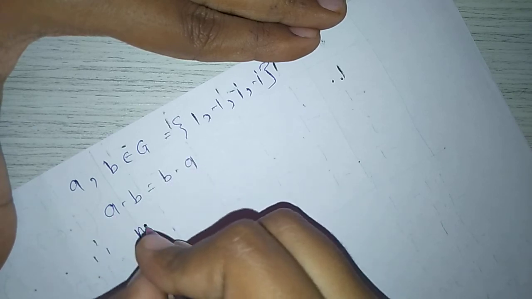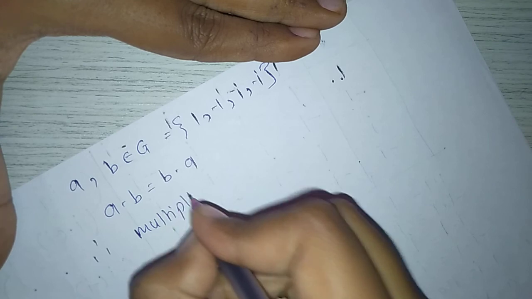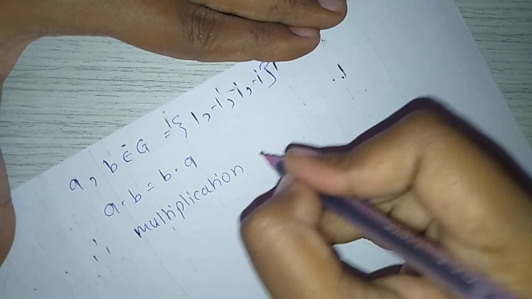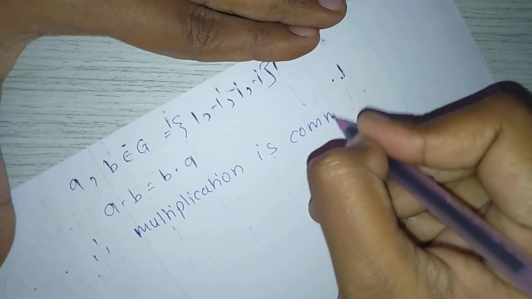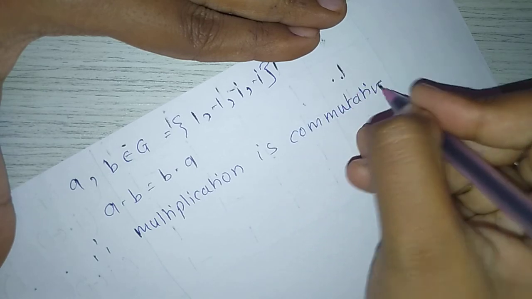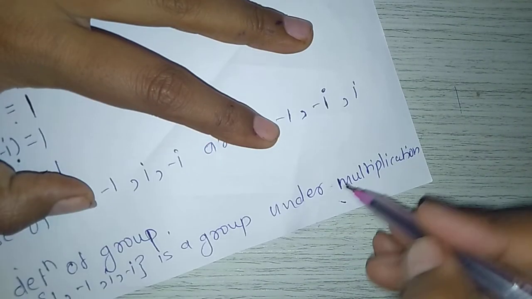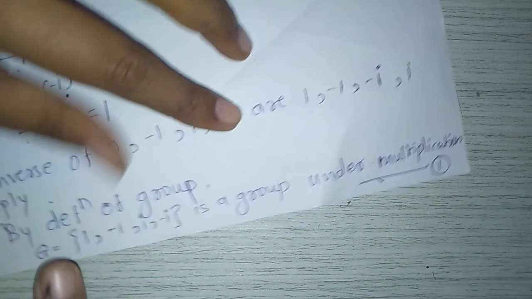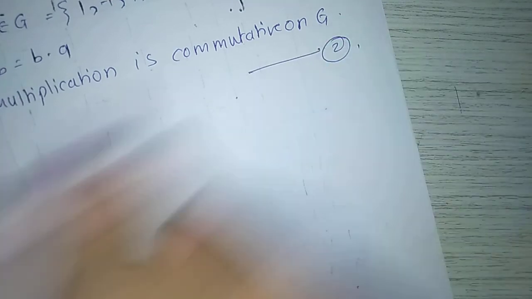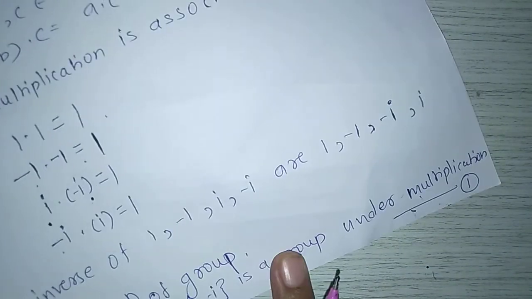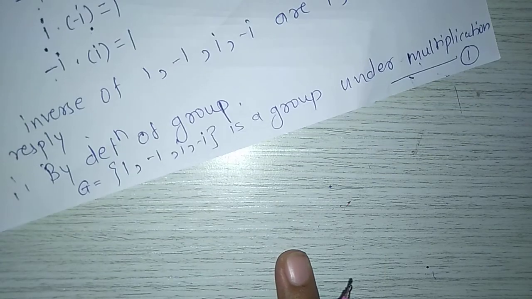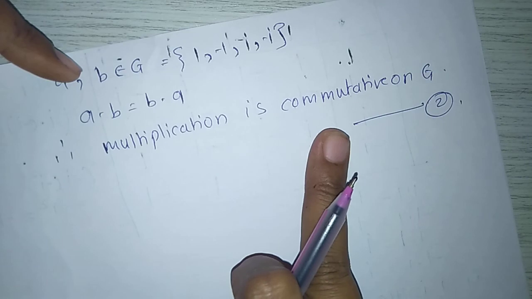Therefore multiplication is commutative on G. Call the first result equation number 1 and this one equation number 2. Here we get G is a group under multiplication, and also multiplication is commutative on G.